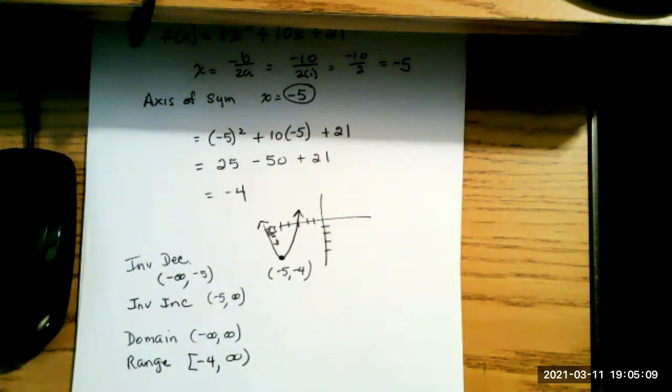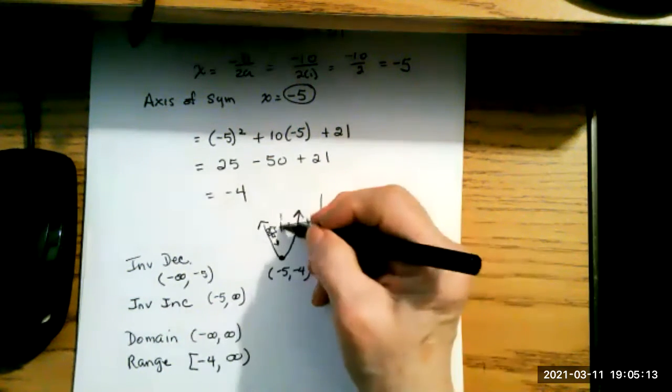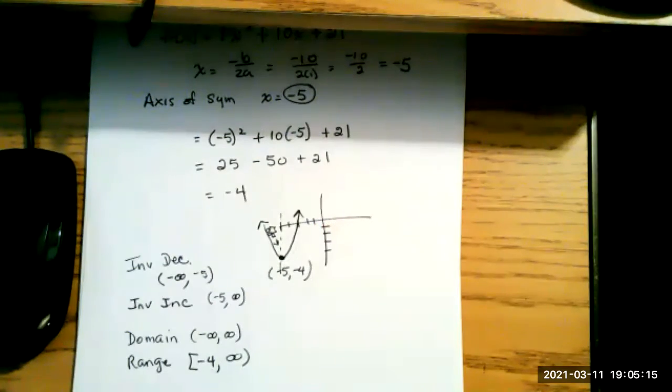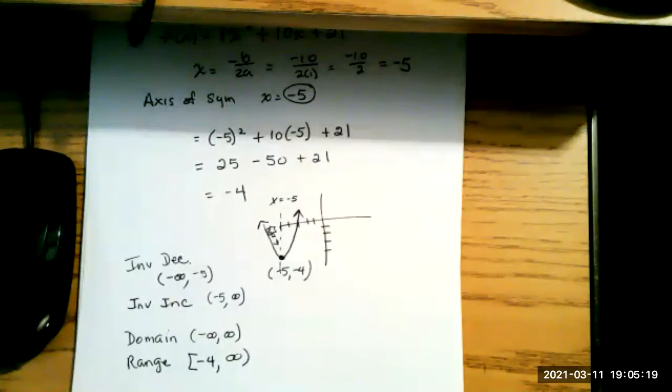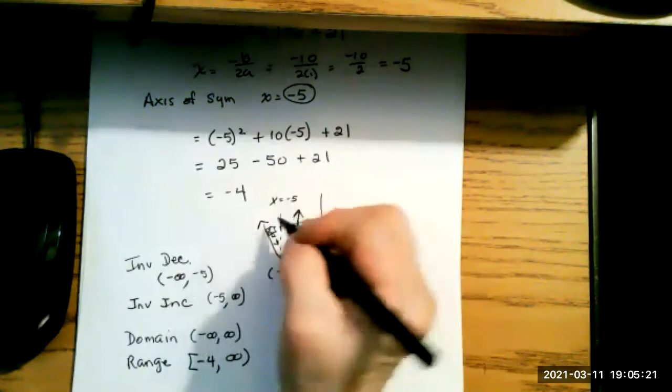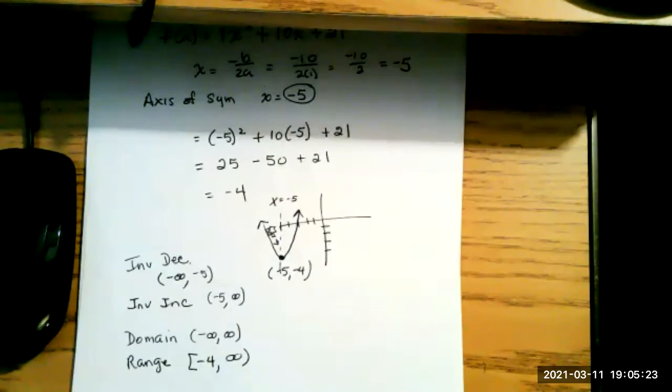And axis of symmetry is now added. It's just that little line that goes right down through that x value, so it's x equals negative 5. Remember we did vertical lines before, they have to be x equals equations.